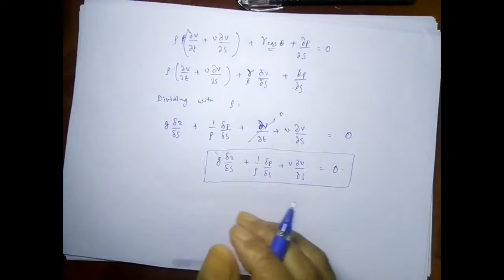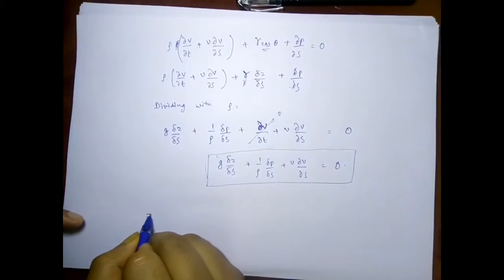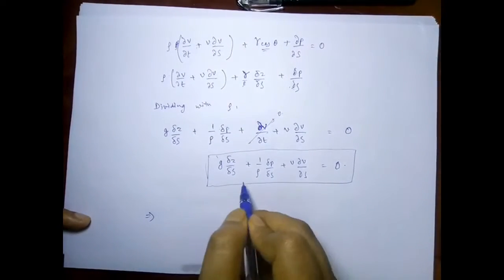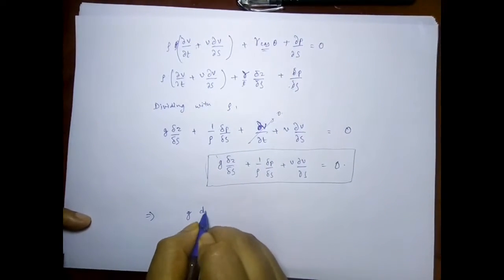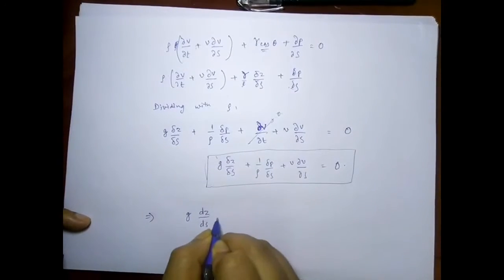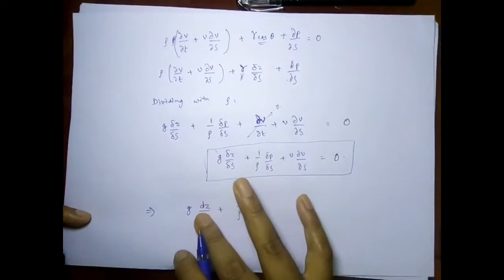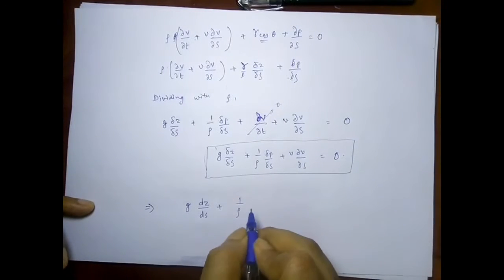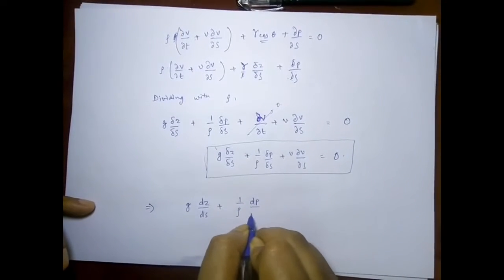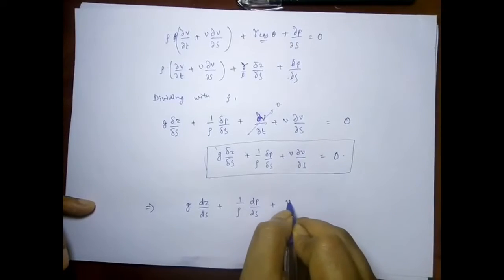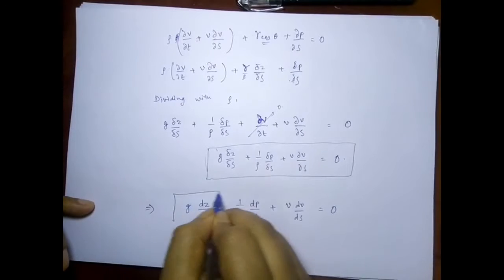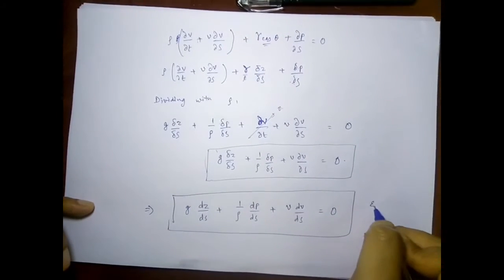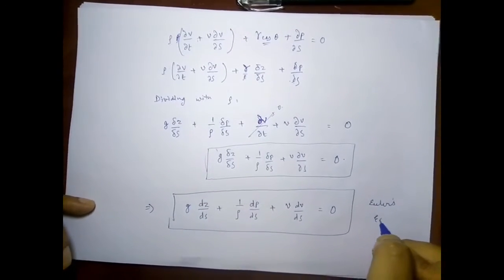Now if we consider bigger changes, this del we can represent with D. So G dz upon ds plus 1 by rho dp upon ds plus v dv upon ds is equal to 0, and this is our Euler's equation.